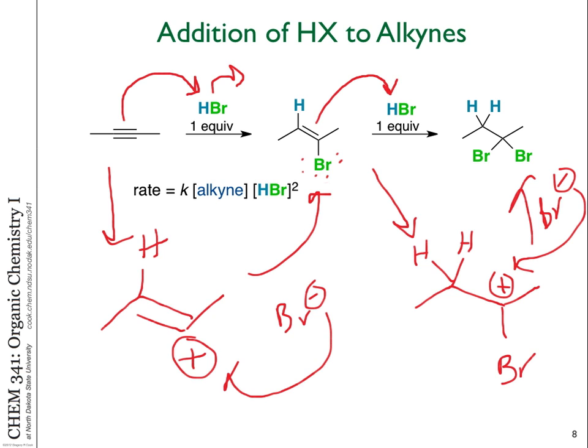Well, let me tell you why it's different than a normal alkene reaction, and that is because just like we talked about carbanions being more stable if there's more S character, well, the opposite is true for carbocations. Carbocations are more stable when they're more substituted, but not necessarily because of more S character. That's lack of electrons. So this is an sp2 orbital, and carbocations prefer to be in an empty p.